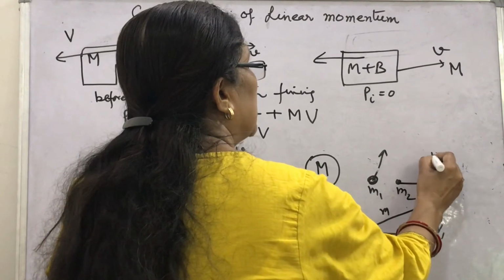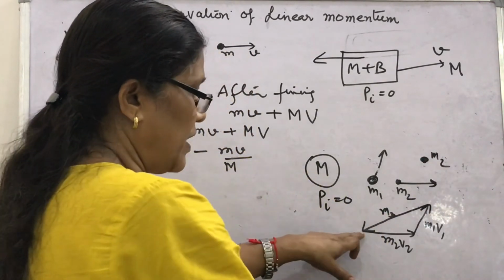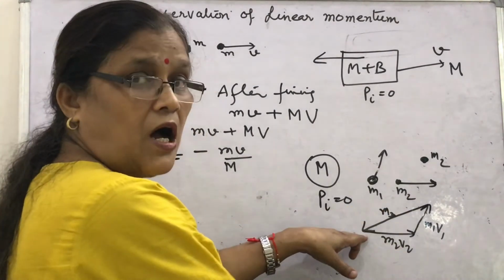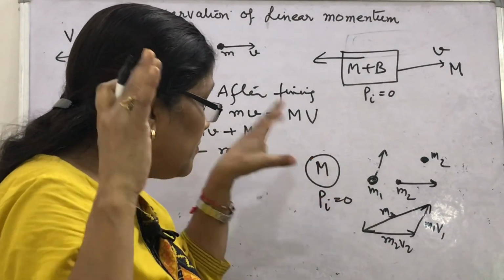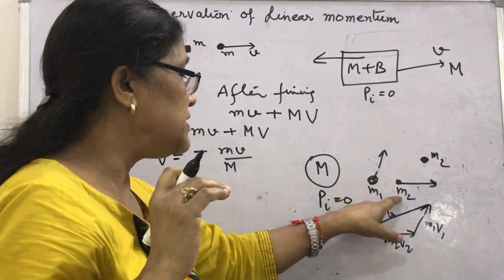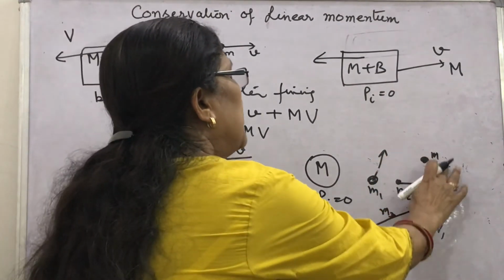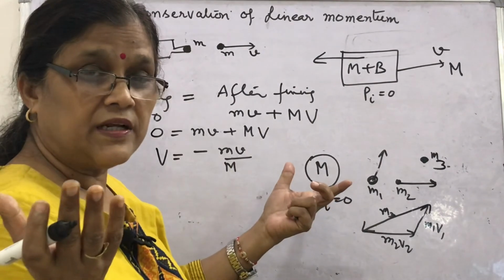Suppose the last fragment is m3, then this will be the velocity of m3 in this direction. How have I got this? If it is broken into 3 parts, the sum of masses m1 plus m2 plus m3 will be equal to m. Then how will you decide the direction?